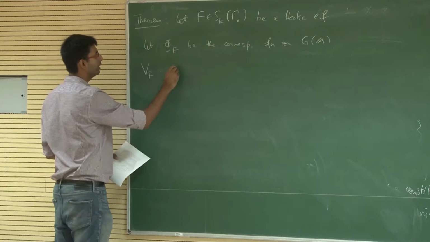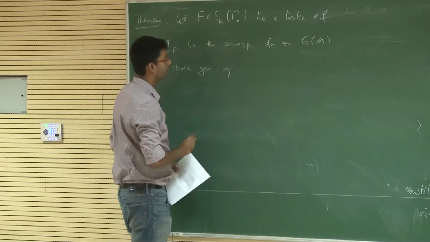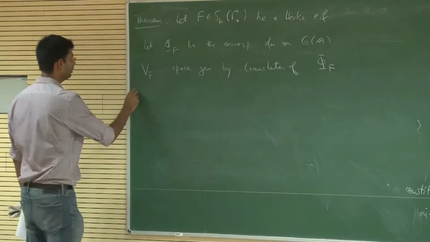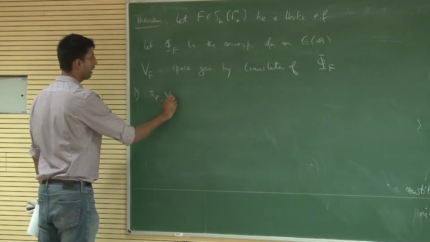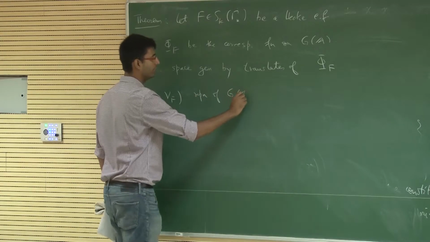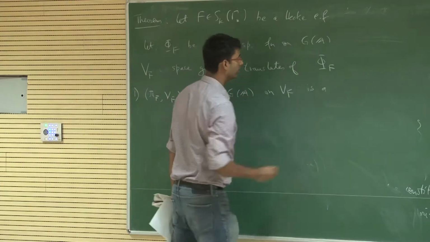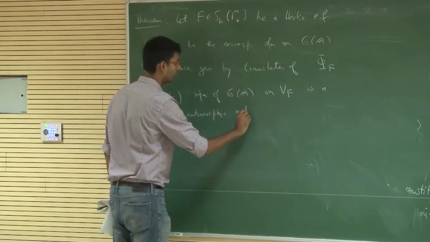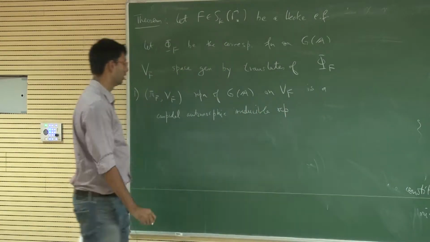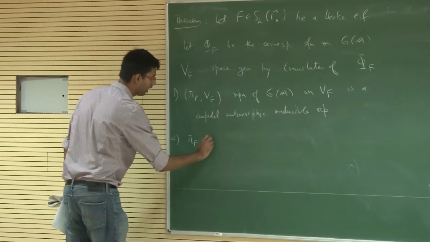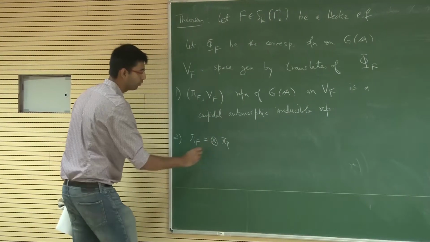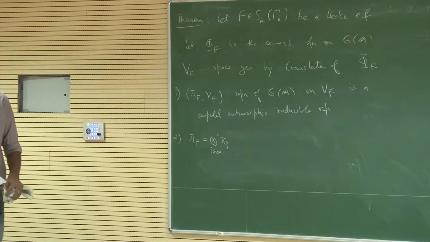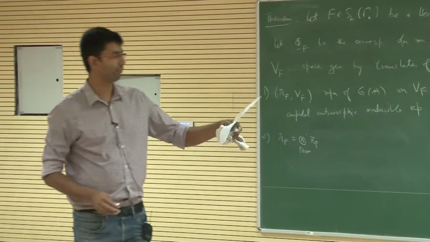Let V_f be the space generated by translates of phi_f. Then pi_f, the representation of G(A) on V_f, is a cuspidal, automorphic, irreducible representation. All these representations are tensor products of local representations, and for every finite prime p, it is one of these spherical guys.